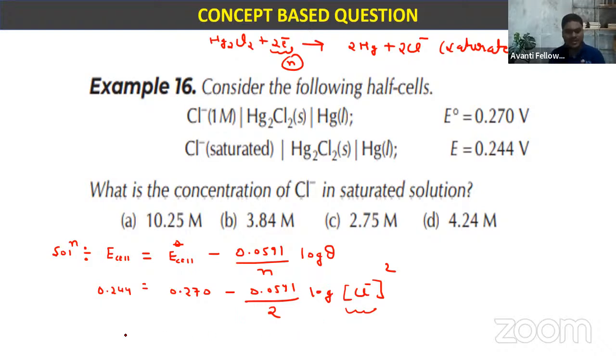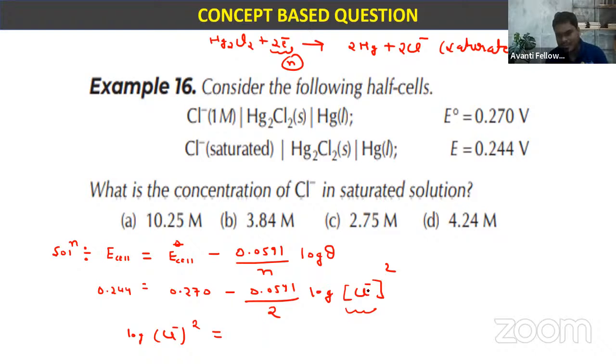On solving, you'll calculate the value. Let me write the final equation. If you want to calculate the value of this chlorine negative, what value will you get, beta?